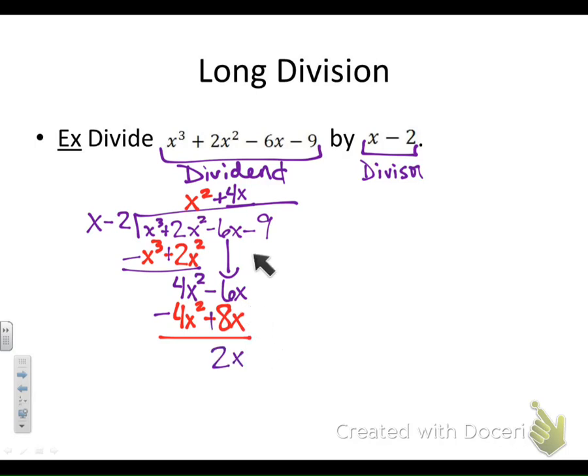After combining, I'm going to bring down the next term and repeat the process. X times what could get me to 2x? Once I realize it's a 2, I distribute that 2. 2 times this binomial gives 2x and then minus 4, and I write it below.